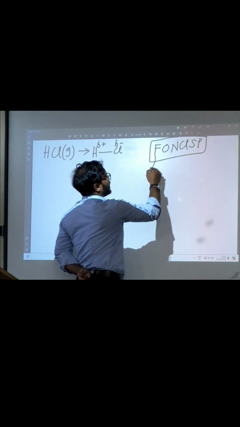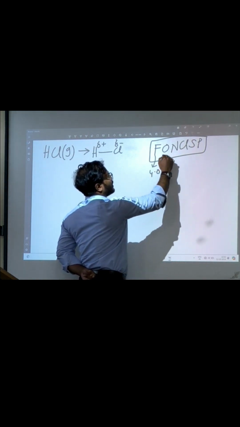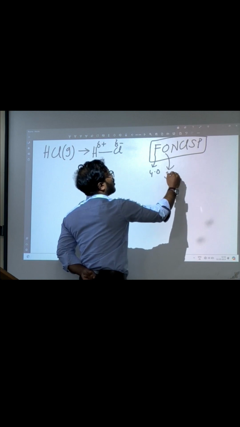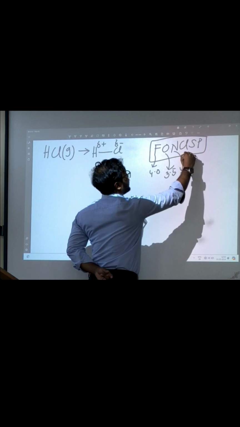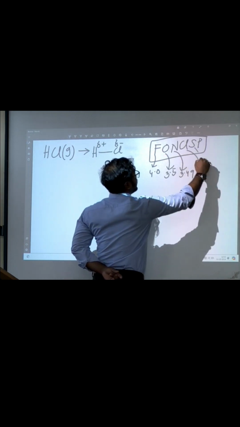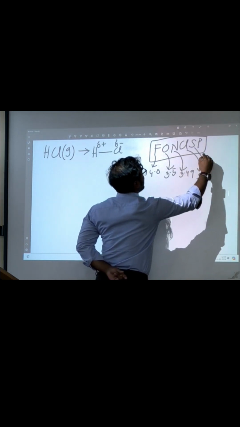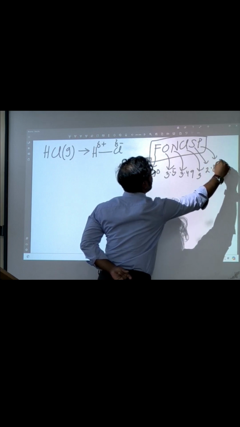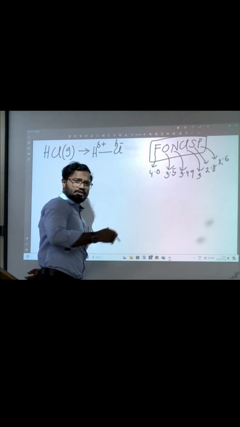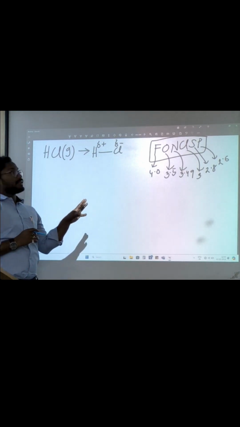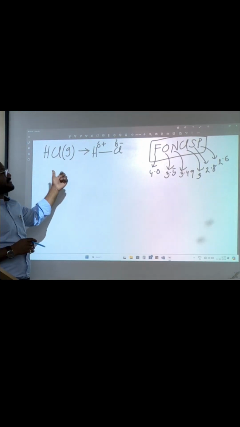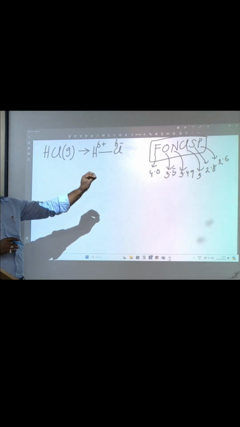Fluorine is the most electronegative, with electronegativity near about 4.0. Oxygen 3.5, nitrogen 3.0, chlorine 3.0, sulfur 2.8, and phosphorus is near hydrogen, 2.6. Hydrogen is 2.5 generally. By knowing this, we can say which one is more electronegative and which is less.